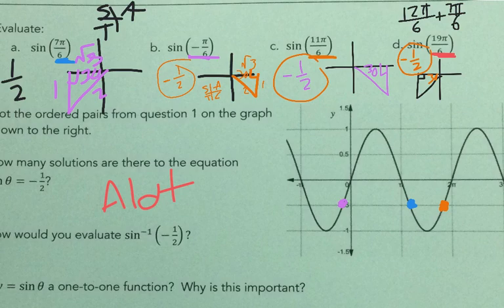Look at the y values. What are my y values going between here? 0 and 1. We know sine, what's the range of sine? Negative 1 to 1. So the range of the original needs to be negative 1 to 1. So that's a bad beginning point.